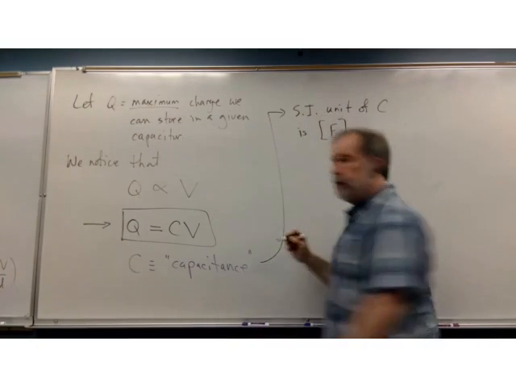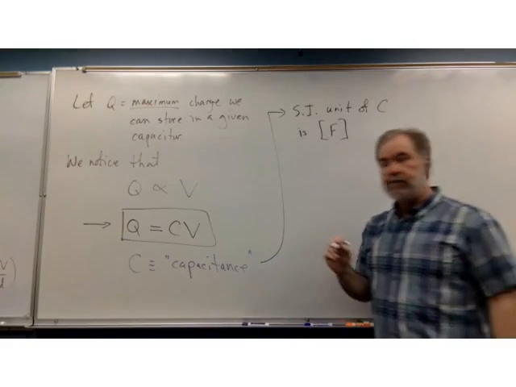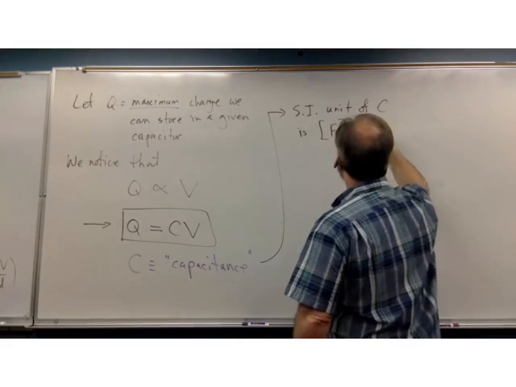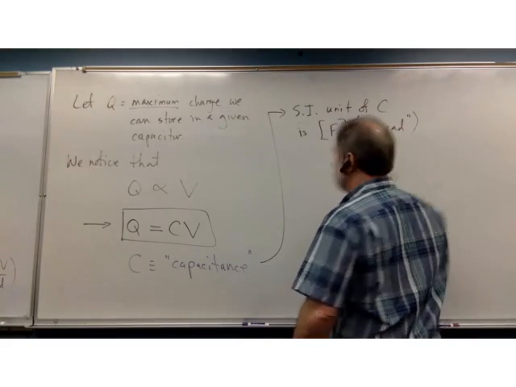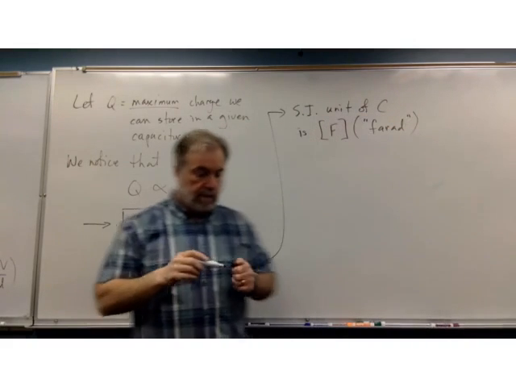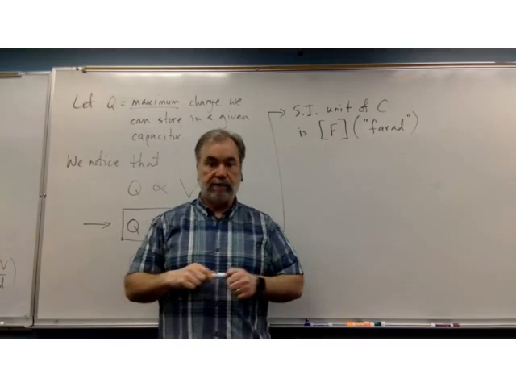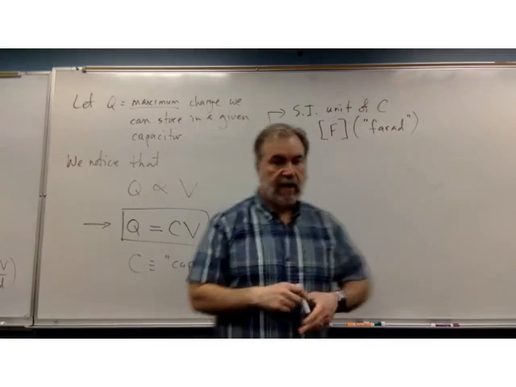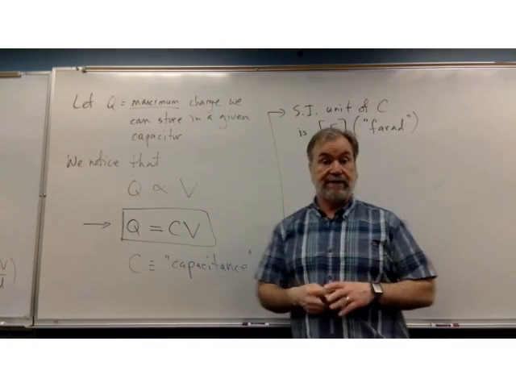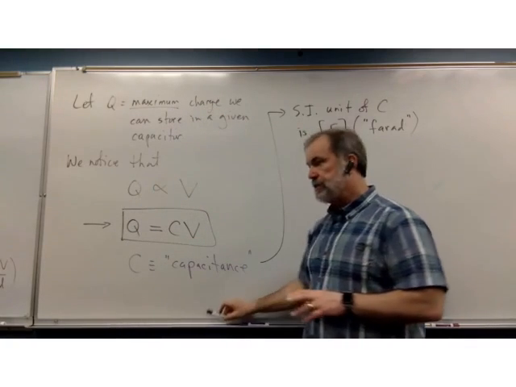The symbol for the SI unit is capital F, and as I just said, it is called the farad. It is named after the English physicist Michael Faraday, who described a lot of this stuff. So we say that a capacitor has so many farads of capacitance.